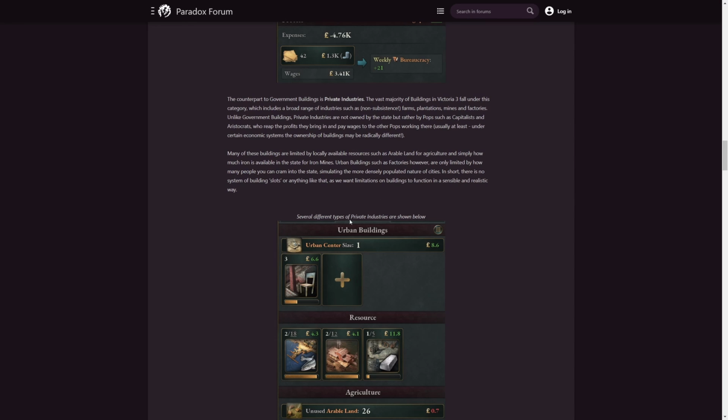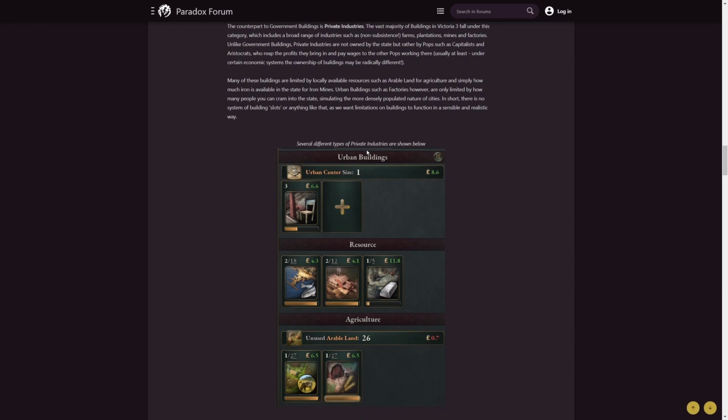Because if capitalists are opening up businesses and paying people, you can tax those people. So having capitalists seems better than it used to be in Victoria 2, because Victoria 2 capitalists are pretty bad. Hopefully they can integrate them into the game really well.